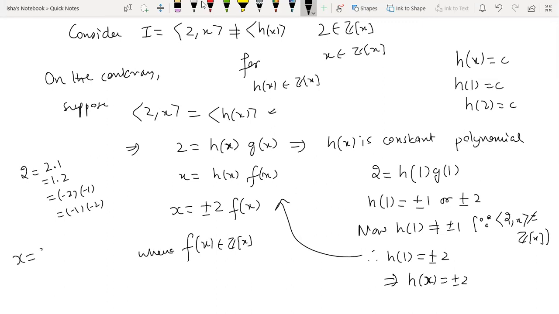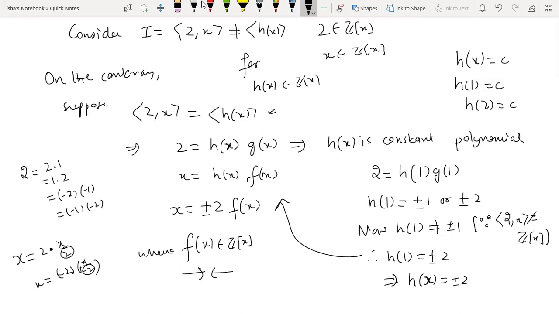I can write x as 2 times x by 2, then it will make sense, right? 2 into x by 2, or minus 2 into x by minus 2, then I can create x. But this x by 2 or x by minus 2 is not allowed because I am in integers. So this is also a contradiction, or you can say this is also not possible.